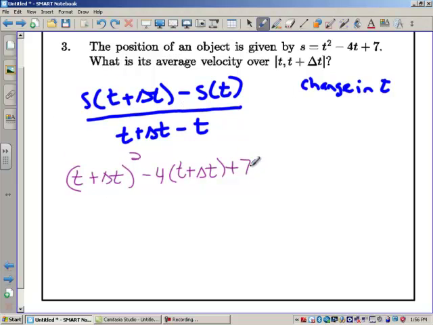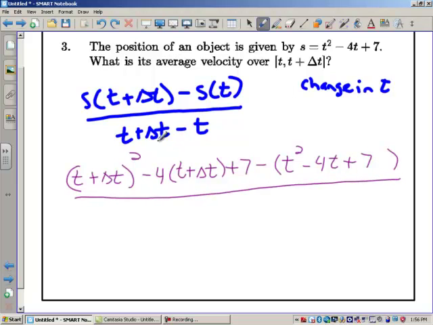And then we're going to do minus, and you better do parentheses here because it's really easy to not distribute that and make a mistake, minus s of t. Well, here is s of t. t squared minus 4t plus 7. And that's all over t plus delta t minus t. Those t's are going to cancel, and I'll just have delta t down here.